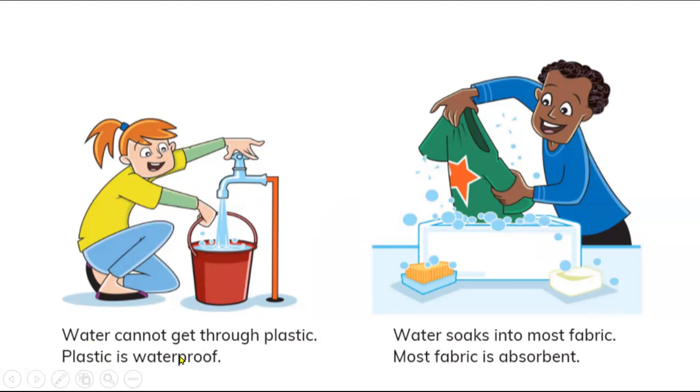Plastic is waterproof, means the water cannot go through the plastic, right? So the water will stay inside the bucket. It will not fall off. So the plastic is waterproof. So what is the material? It's plastic. And what is the property of plastic? It is waterproof.